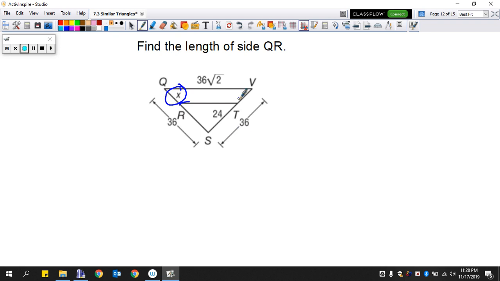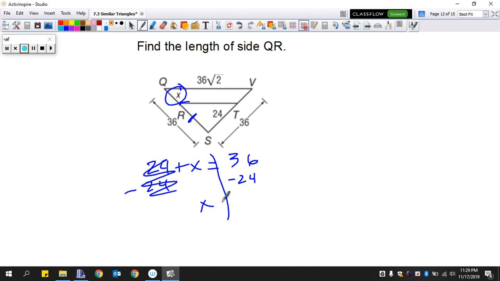We can see that the length of both sides is 36. So we know that this is 24. That means this over here is 24 as well. So the length of this is 24 plus x is equal to 36. Just subtract 24 minus 24, so x is equal to 12. That is the easiest way of finding this value for x.